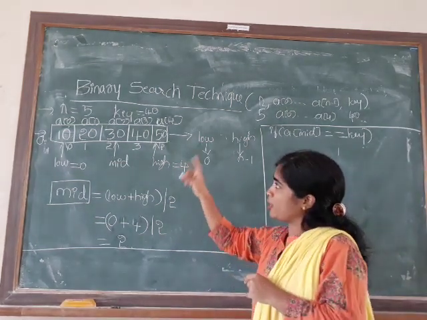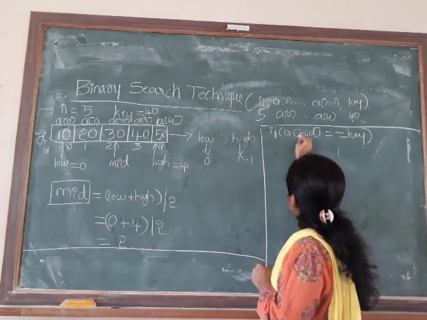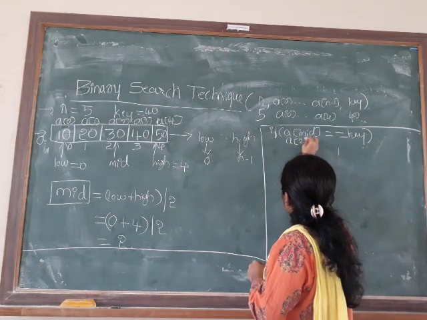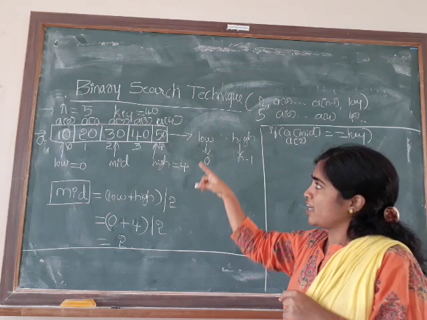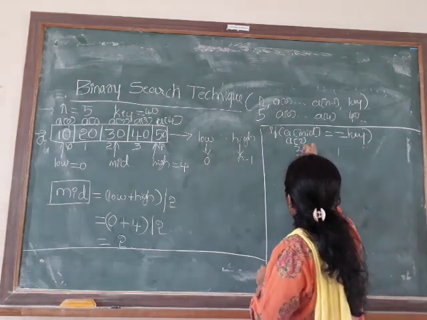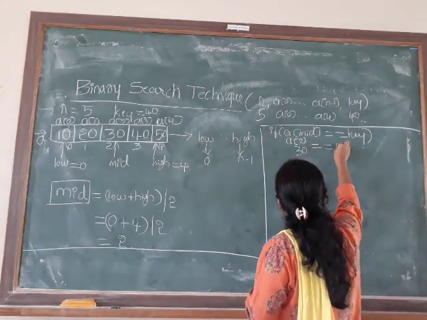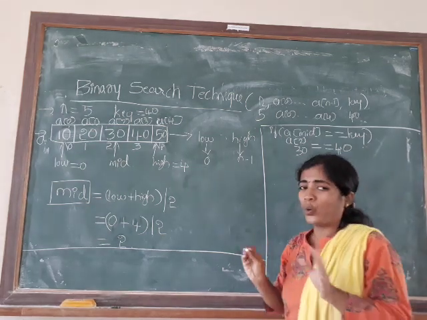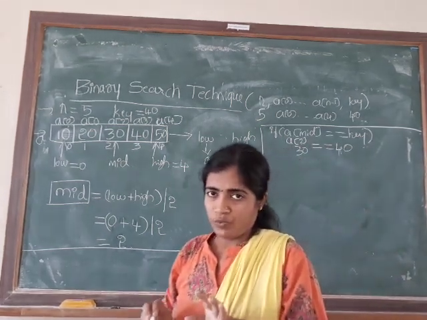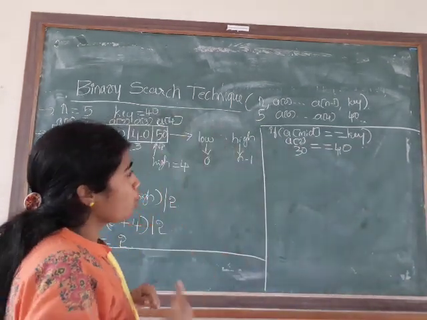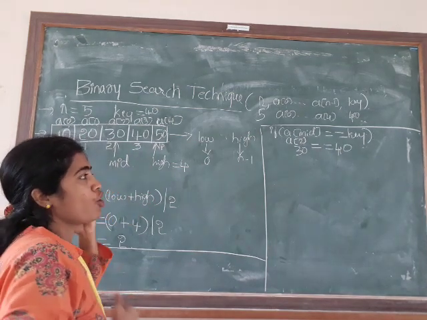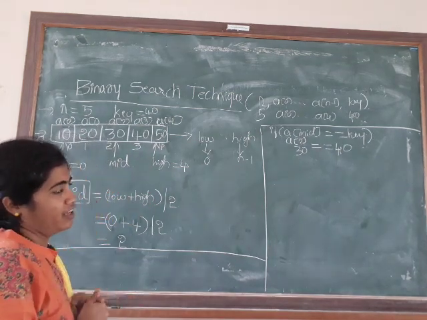What is the present value of A of mid? A of mid is nothing but A of 2. What is A of 2? That is 30. Is 30 equal to 40? Whether it is true? No, it is not true. Then what to do? How to find the search element that is 40? How to get that 40?